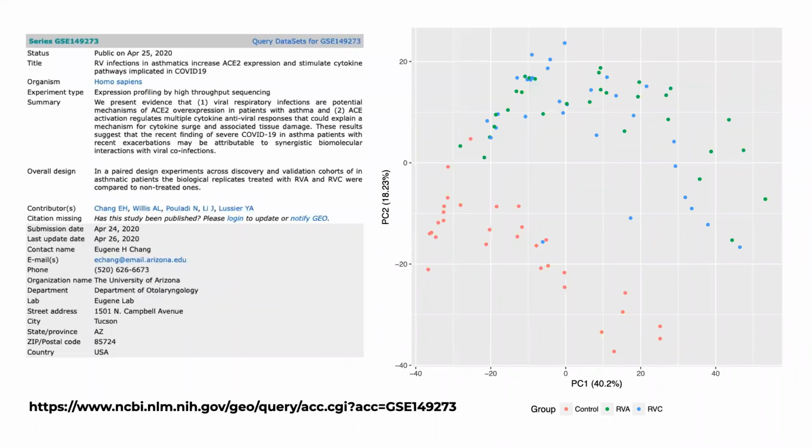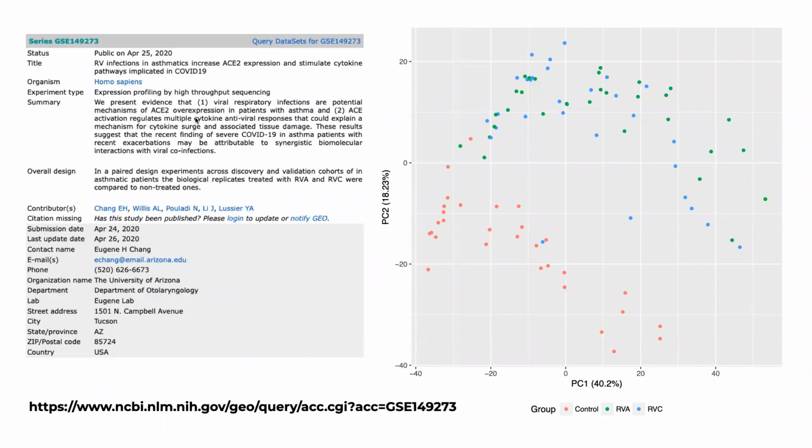What if overexpression of ACE2 and susceptibility to COVID-19 infection is actually a result of other respiratory infections, and other respiratory infections that can cause ACE2 overexpression and modulate in some maybe minor way the cytokine pathways, the interferon pathways? Could they actually cause higher levels of risk?